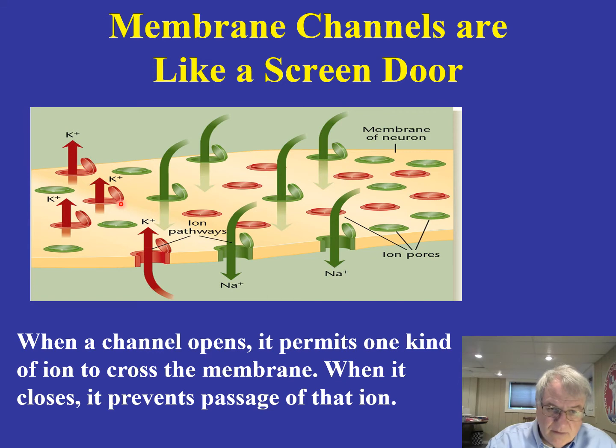It's going to allow that charged ion to either go inside or go outside of the cell, depending upon the charge. So again, this is what these membrane channels look like in the membrane of the neuron.